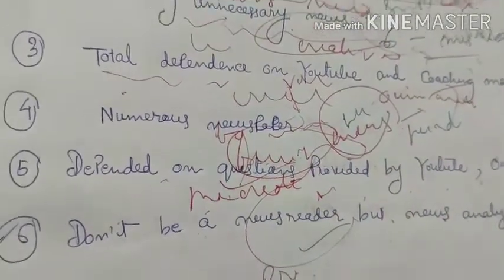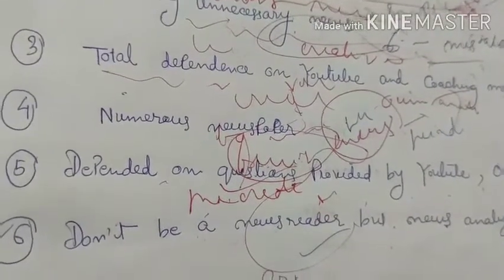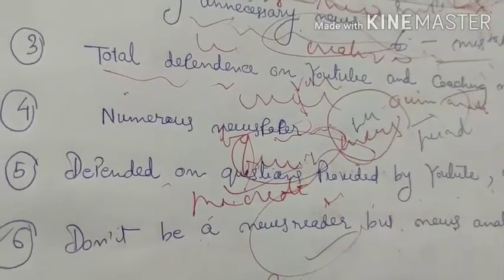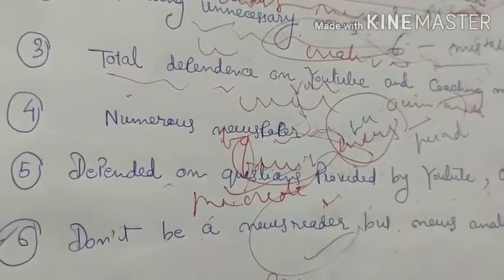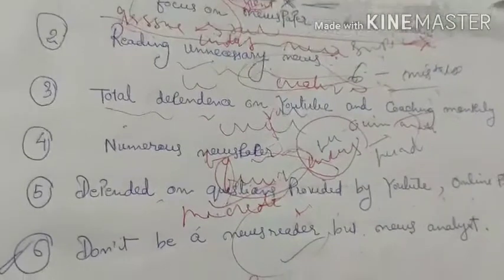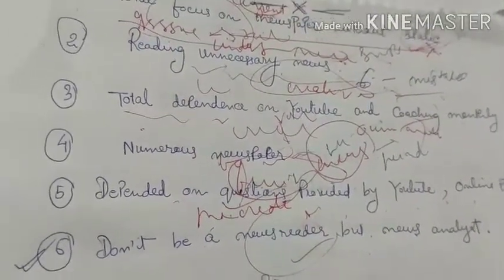An analyst will analyze the newspaper and prepare the news. He or she will go into the depth of the problem, the depth of the issue. He or she will connect the issue from various perspectives and then find a solution. So my suggestion here is to be a news analyst, not a news reader.